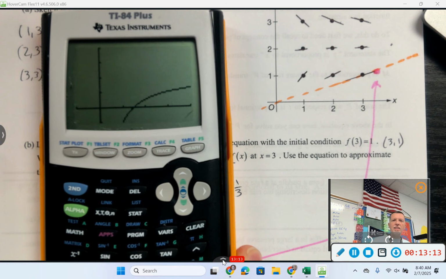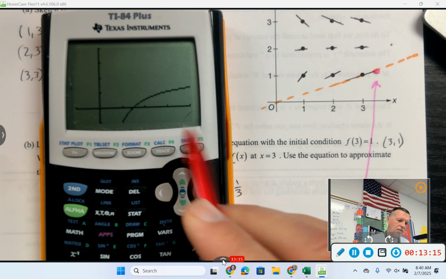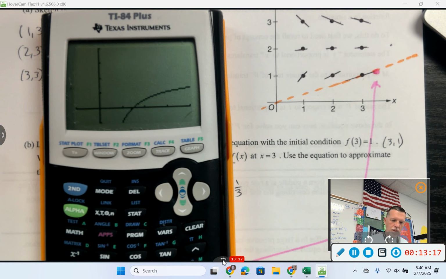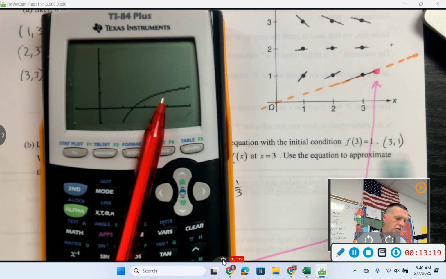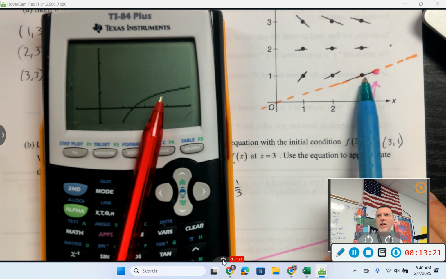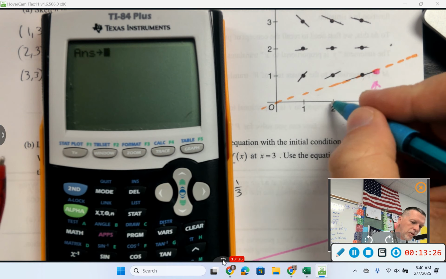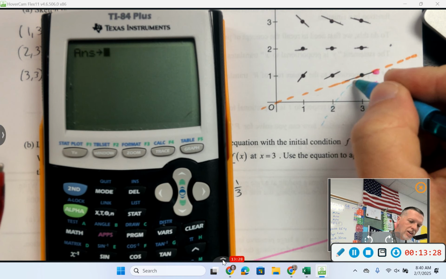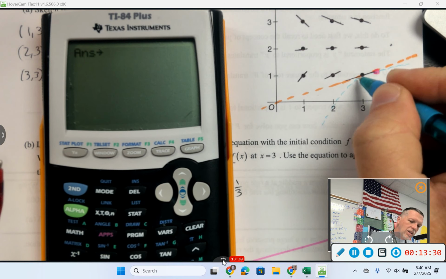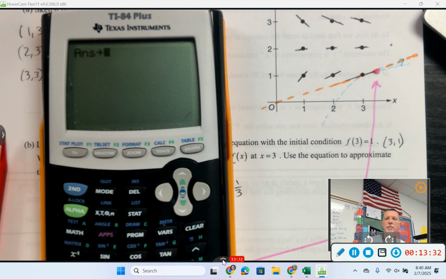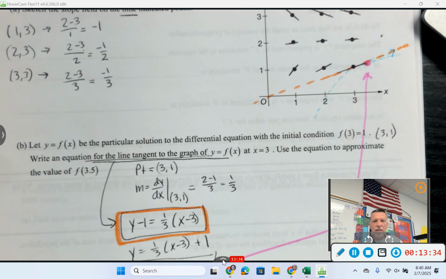Right? I believe that slope is that slope. You see what I'm trying to look at? Match those things up. And even though I don't have a ton of points, I think it's believable that this graph would look something like that. So I feel good about that answer.